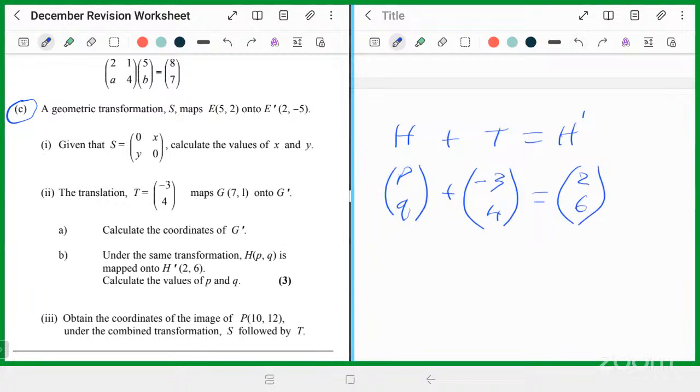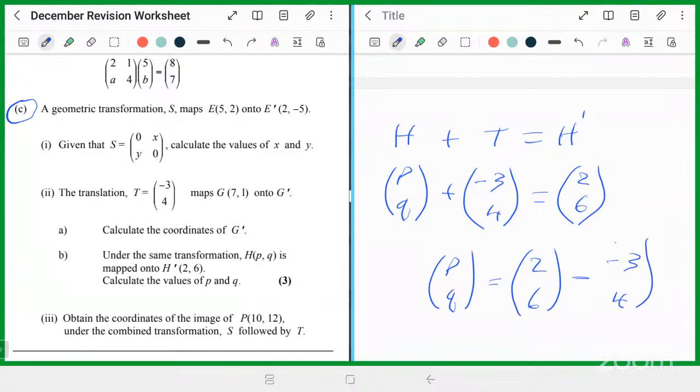And you want to find what these are. Easy. If you want to find P, you transpose the negative 3 over there. You want to find Q, you transpose the 4 over there. Or you can take this vector over there and subtract it to find (P, Q). So you can say (P, Q) is equal to (2, 6) minus (-3, 4).